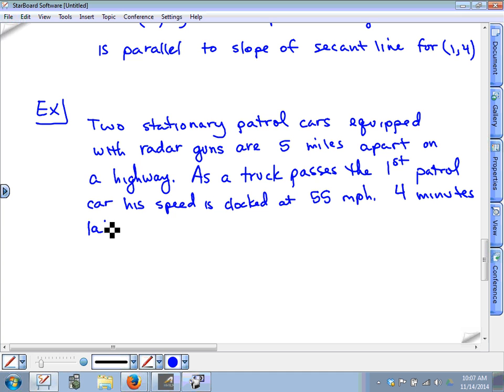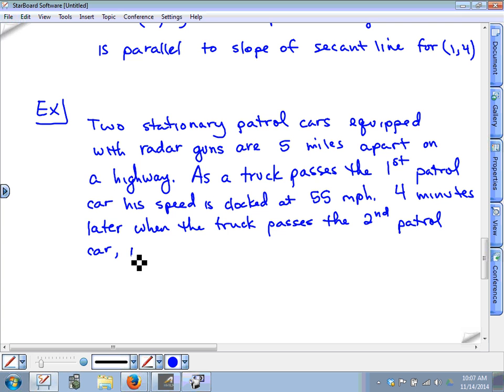Four minutes later, when the truck passes the second patrol car, its speed is 50 mph.